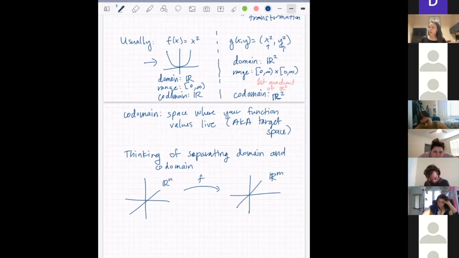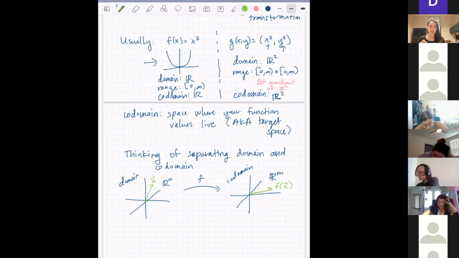So I have a function, and on this side I have my domain, and on the other side I have my codomain. If I have a vector here, say this vector u, I imagine that f acts on that vector. So f takes that vector u and sends it to the other side, and we end up with its image over here, which is f of u, some vector in Rm.